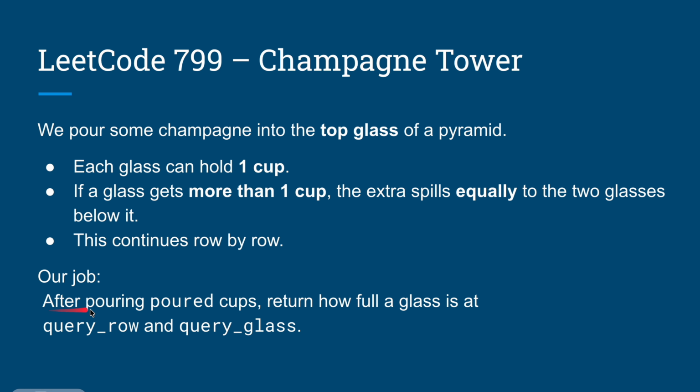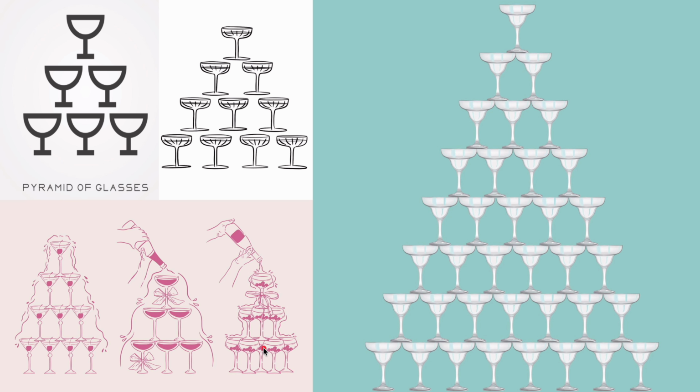After pouring the cups, we have to return how full a glass is at the query row and query glass. It's a kind of pyramid of glasses, and once you pour into a glass, it keeps continuing to its children below it.